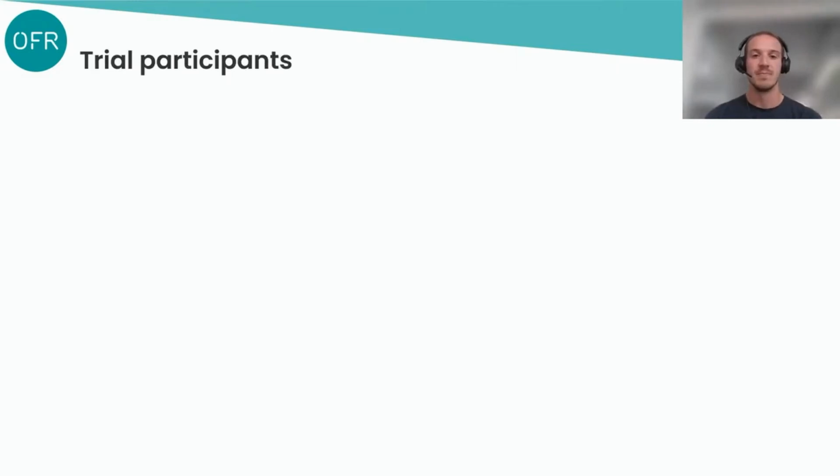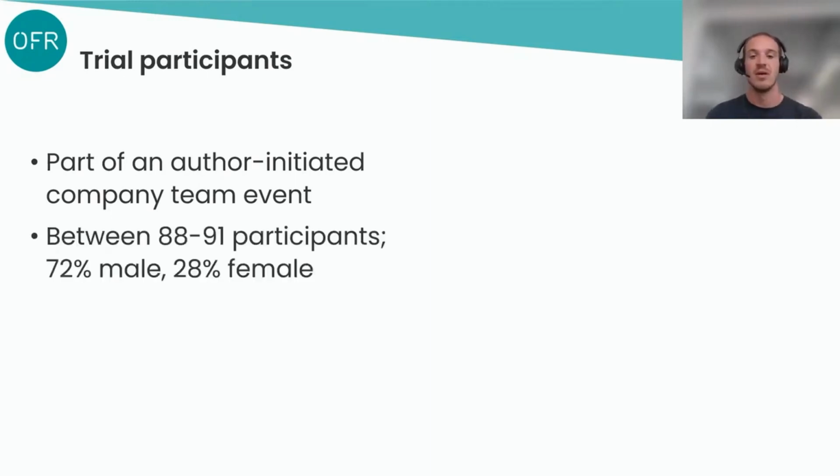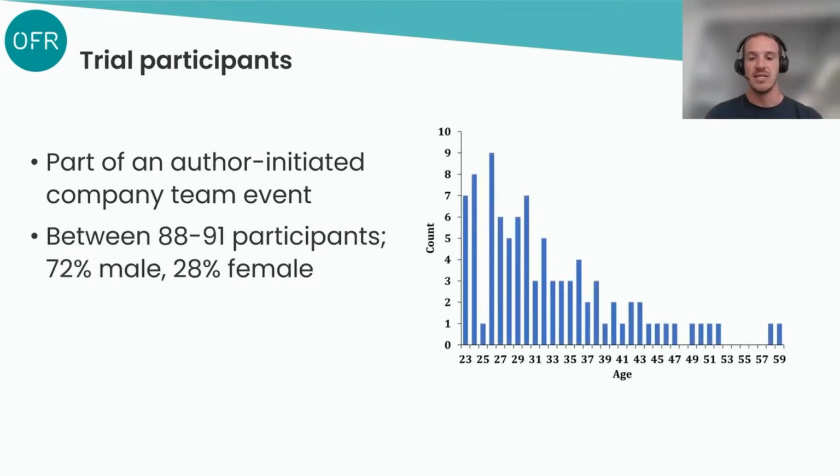That leads us on to the trials that we undertook in my company. So this was part of an author-initiated company team event where the company were gathered all together. So we saw the opportunity to get some data from this. There were between 88 to 91 participants with the sex demographic and age demographic shown on screen there.